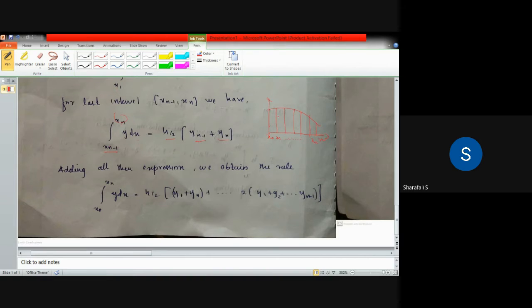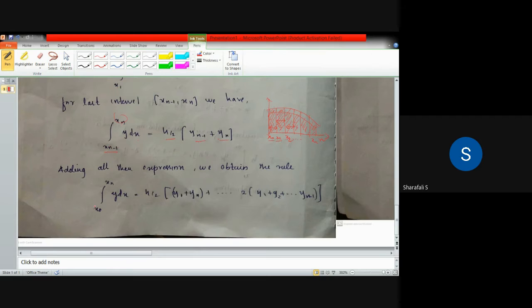You are considering the integration between x0 and x1, then between the next two, then between the next two. The integration between x0 and x1 will be the area under this curve, right? And the integration between x1 and x2 will give you the area under this curve. So if you add all those integrations between the nearest limits, then you will get the complete area under this curve.